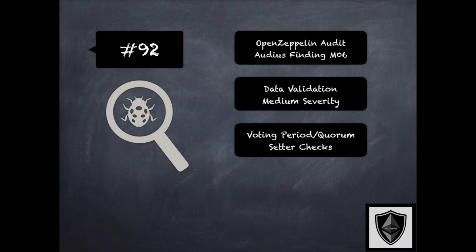However, the corresponding setter functions, setVotingPeriod and setVotingQuorum, allow these variables to be reset to 0. Setting the voting period to 0 would allow spurious proposals that cannot be voted upon, and setting the quorum to 0 would allow proposals with 0 votes to be executed, which is very dangerous, as you can imagine.